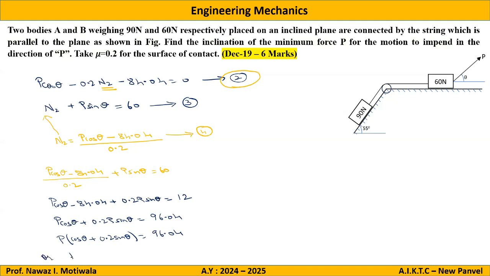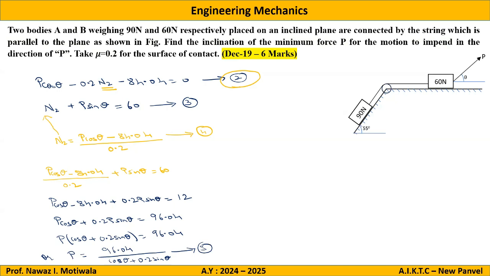Or I can write the value of P as P is equal to 96.04 divided by (cos theta plus 0.2 sin theta). Let this be equation number 5.